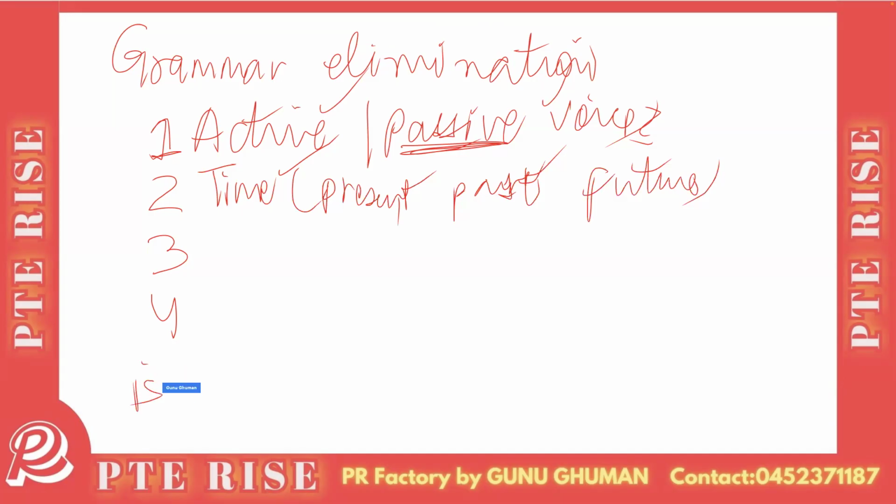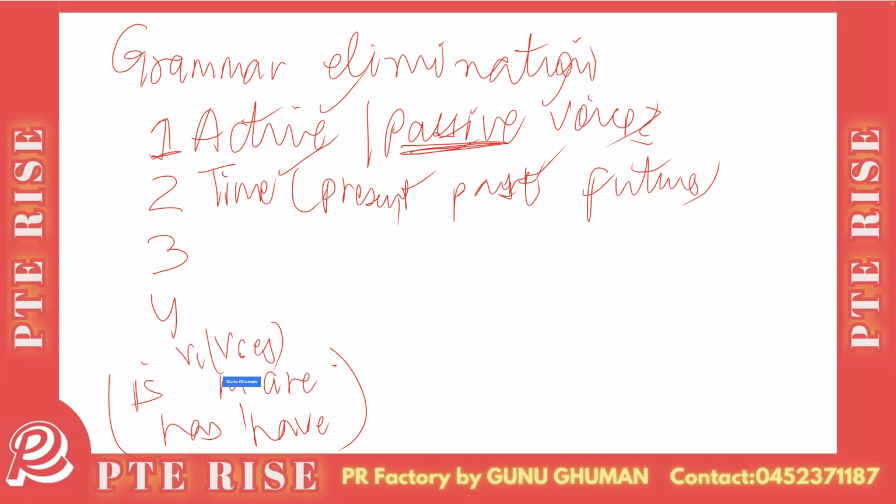Is, am, are, plus has, has, have, and first form of verb plus, sorry, yes as well. They are all present tense. What are past tense? Second form of verb?